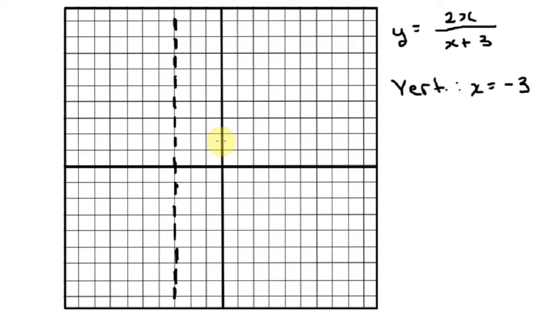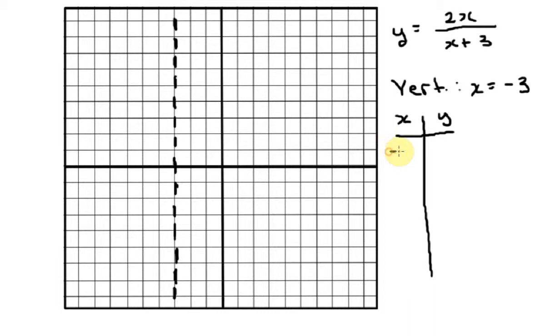Now, what about the rest of the graph? Well, let's construct a little table of values here. And we're just going to work out the y values from the function. We're going to take some of these points and squeeze them in here. What would be a good point to start with? How about maybe -5?